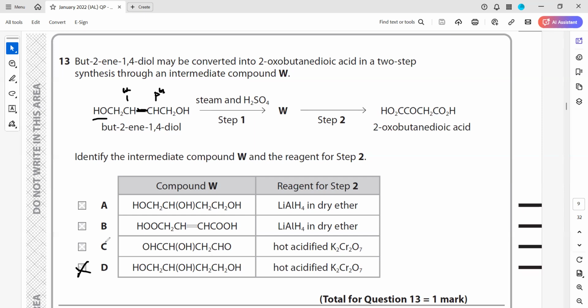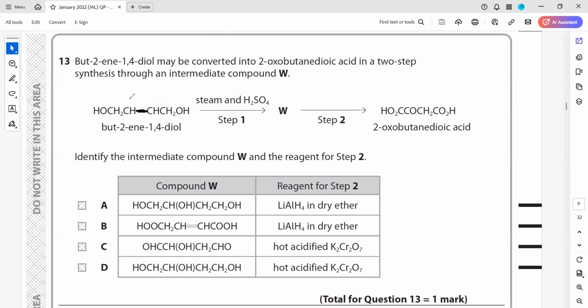It is because we use an oxidizing agent. So this is converted into alcohol first, and then alcohol is oxidized to a ketone. This steam and sulfuric acid is the reaction condition for hydration, in order to break the double bond.